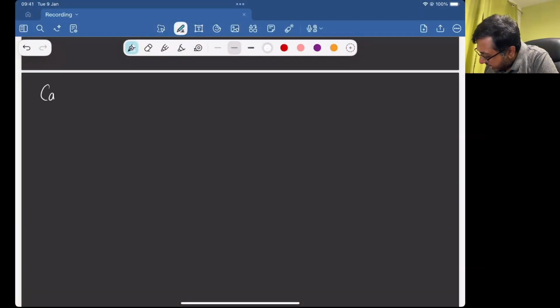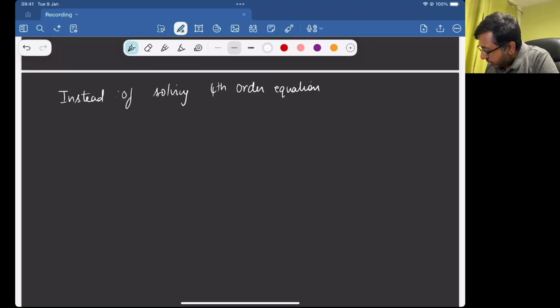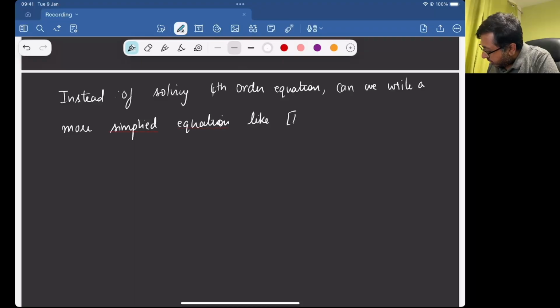So our question: instead of solving the fourth order equation, can we write a more simplified equation like M x double dot plus, let's say, K x equal to 0, and convert it to an MDOF system?